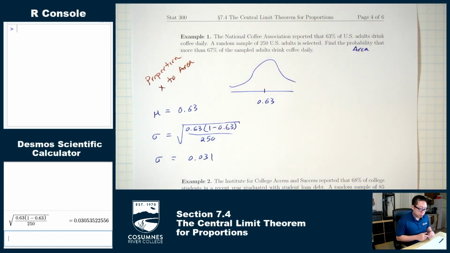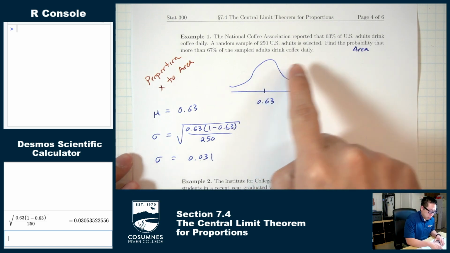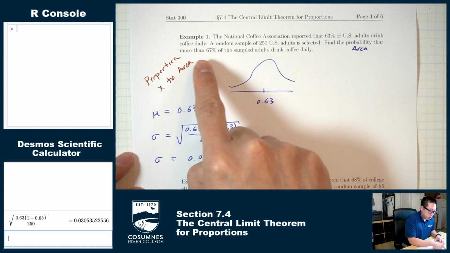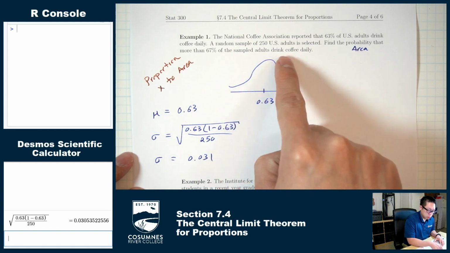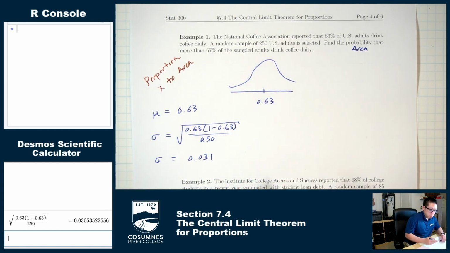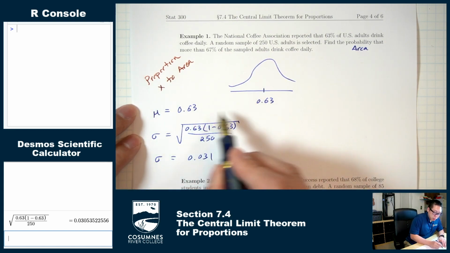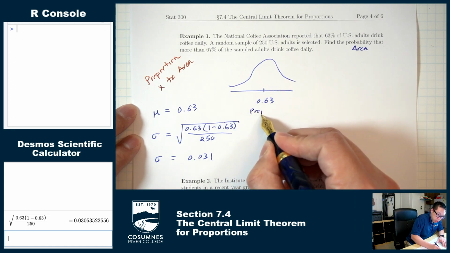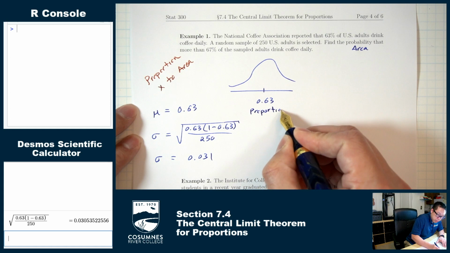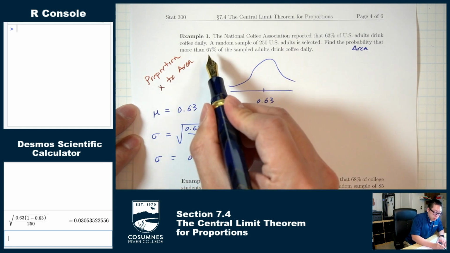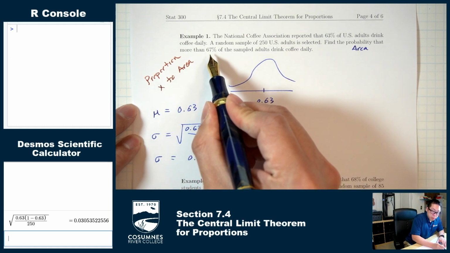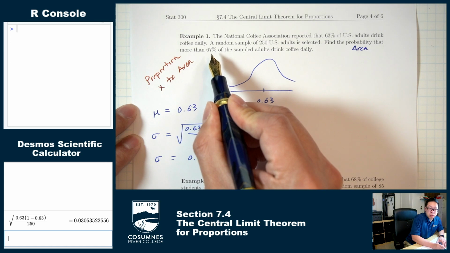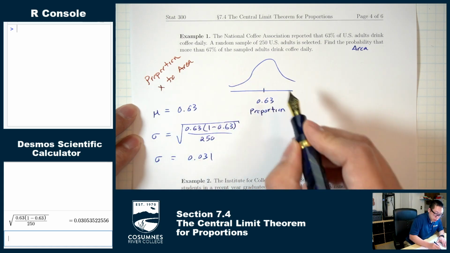Okay, let's draw the rest of my picture. Find the probability that more than 67% of sampled adults drink coffee daily. So what's on my x-axis here are actually proportions, right? Because we said this is a proportion question, so these are all proportions on the bottom here. So 67% as a decimal, 0.67, should go right here.